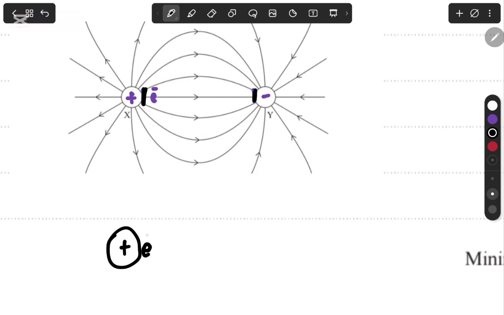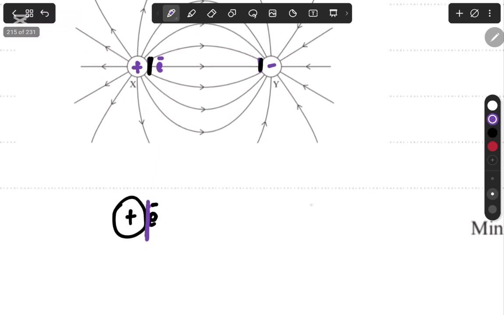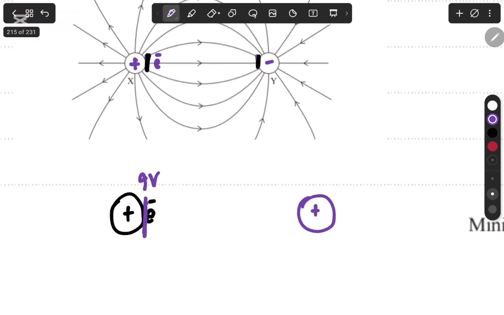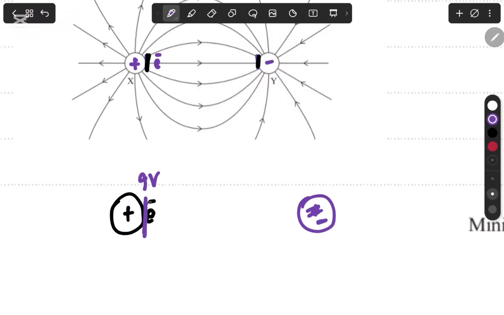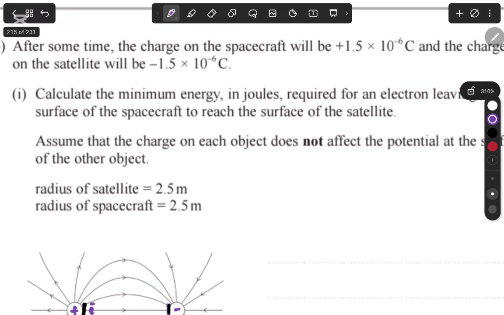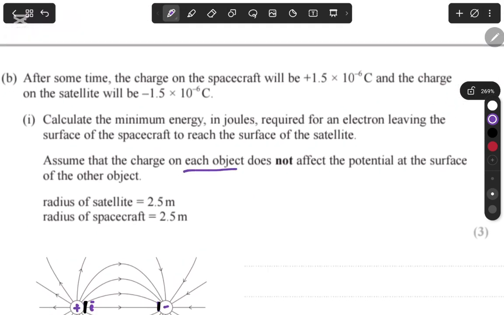When the electron is here, there is going to be an electric potential value here, right? Let's say that electric potential value here is 9 volts. Now, that's going to be negative. This is supposed to be negative. Now, what they have told you in the question is to assume that the charge on each does not affect the potential at the surface of the other object. What does this mean?